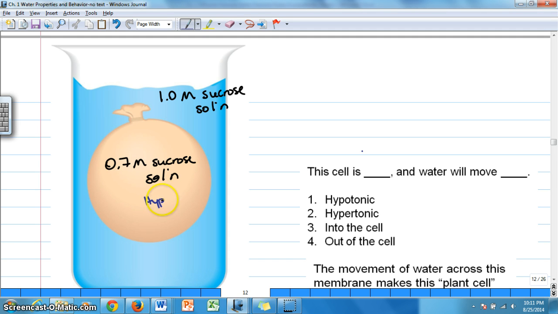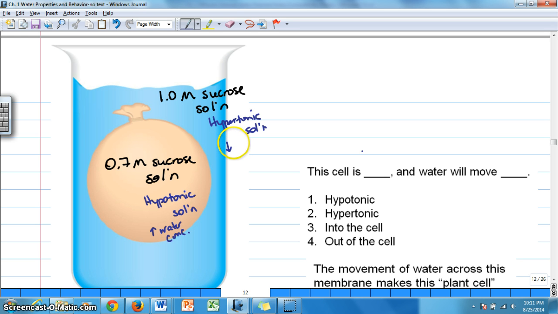So the cell will be hypotonic if you tried to answer that question. And outside, where the solution has a higher solute concentration, we refer to this solution as hypertonic. And remember, the hypotonic has the higher water concentration. That's hypotonic.